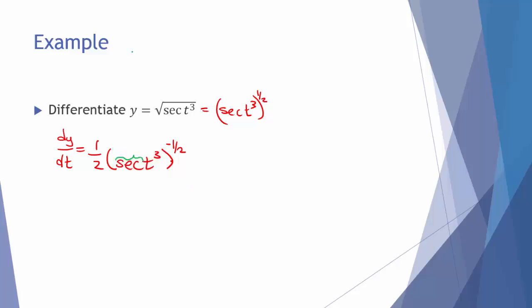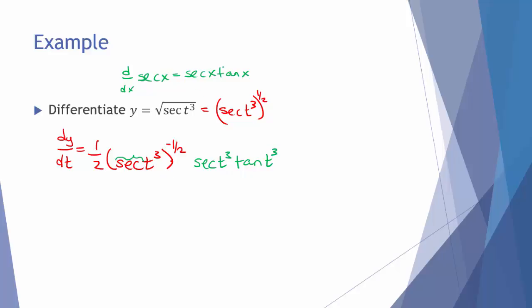So remember, the derivative of secant x is secant x tangent x. So the derivative of secant of t cubed is going to be secant t cubed tangent t cubed.